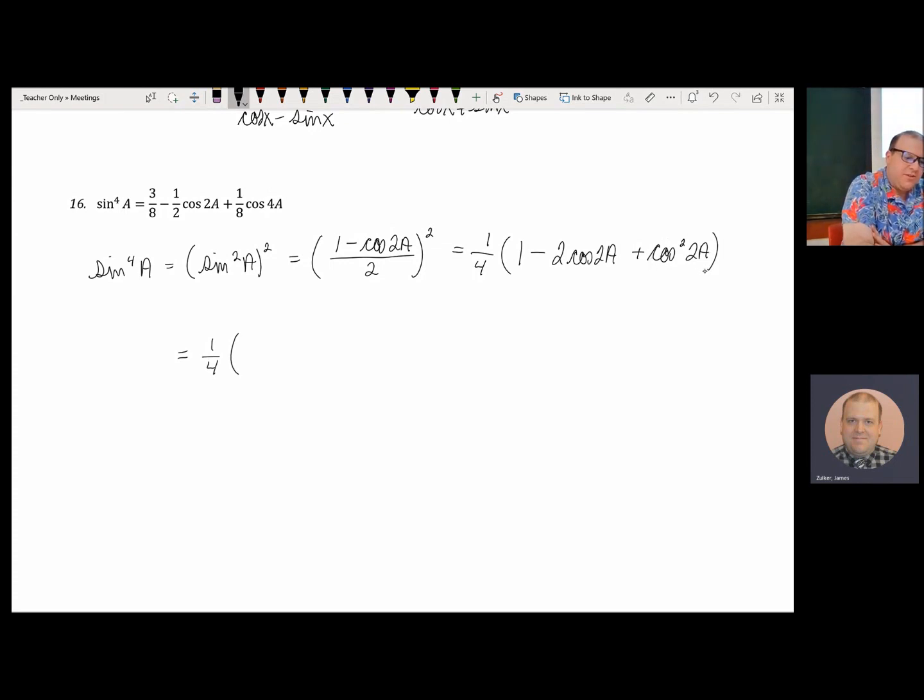But this cosine squared of 2A is a reduction identity. 1 plus cosine of 2A all over 2, or 1/2 plus 1/2 cosine of, I'm sorry, not 2A, 4A. Half plus a half cosine 4A.